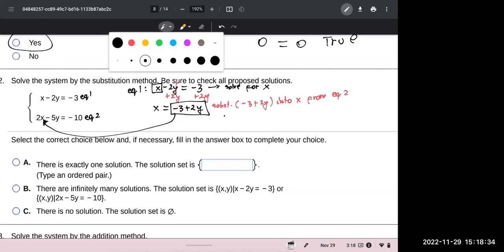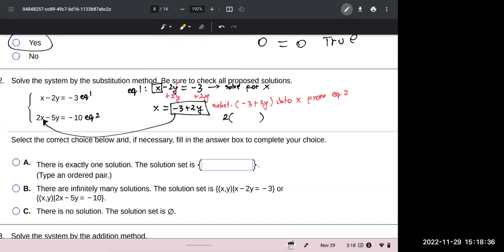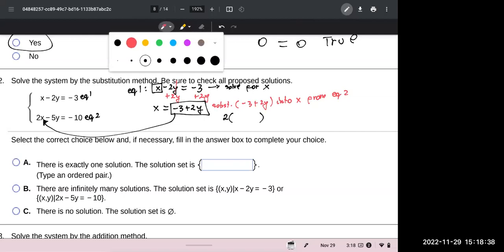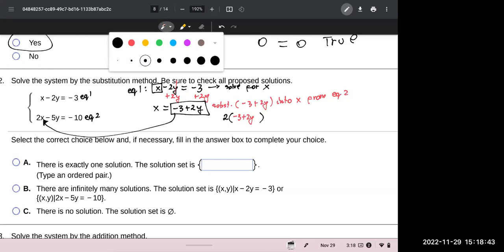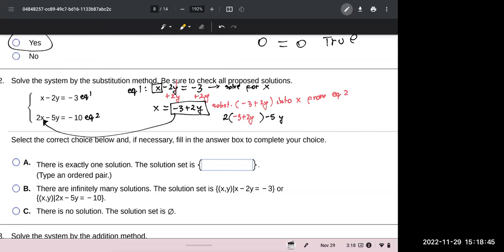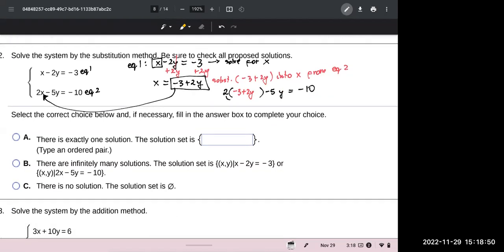We have 2 times, we substitute x with -3 plus 2y, minus 5y equal -10. So you have to remove the parentheses. 2 times -3 will give you -6. 2 times 2y will give you 4y, minus 5y equal negative 10, and you're going to solve this equation for y.